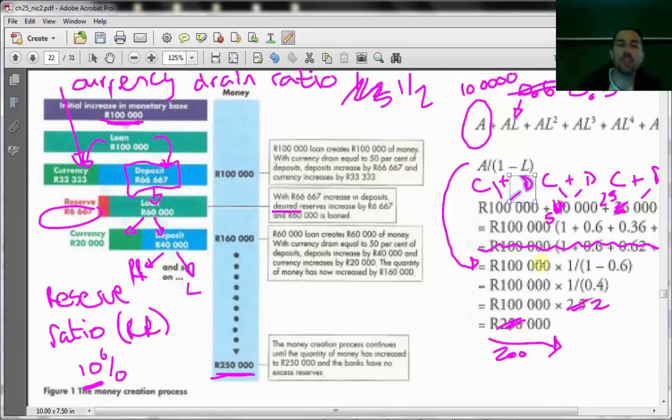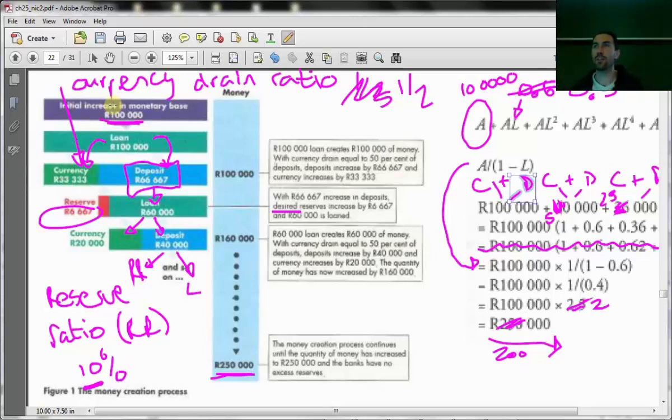So what then do you think would happen if, instead of increasing the money base, the Reserve Bank actually decreased the money base? What happens to the total money supply? If they decrease the money base by 100,000, what happens to money supply? It decreases by 250,000.